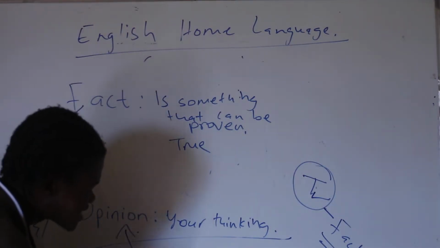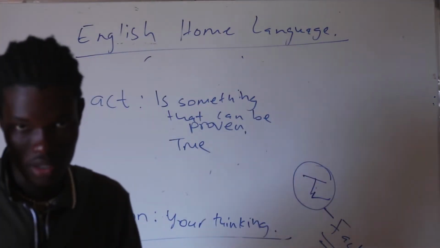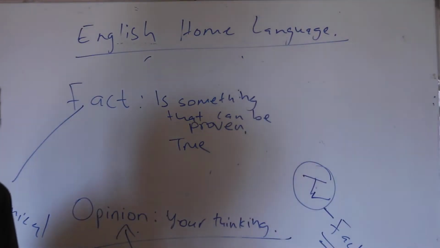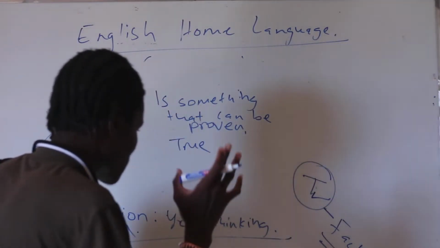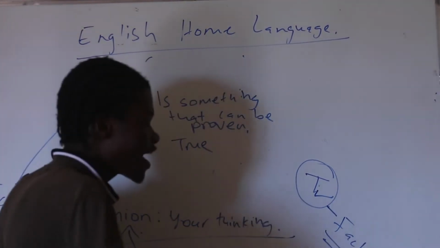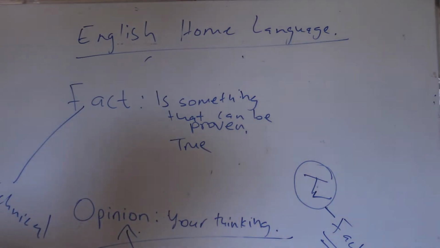But with a technical question, you must give a fact. If they ask you what is the purpose of a full stop, you must tell them what a full stop does, exactly as it is. Don't come up with your own theories from space or something. Give exactly as it is. I hope I'm making sense. I hope everybody is with me there.